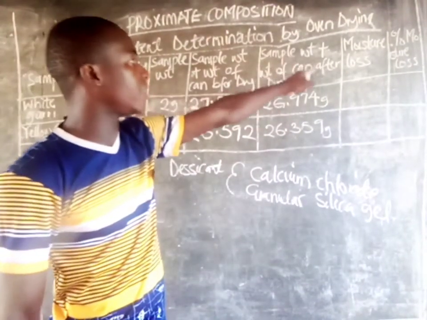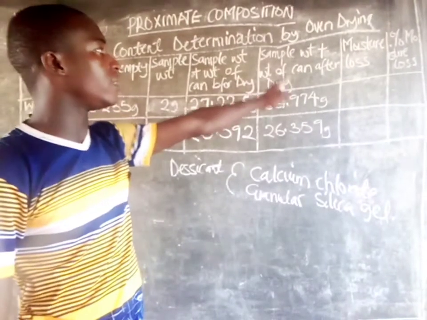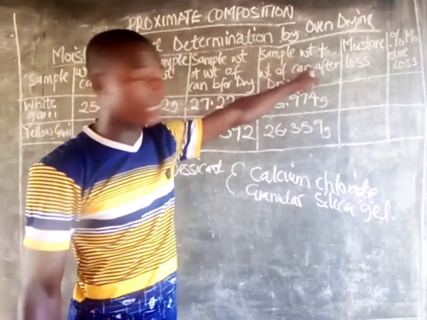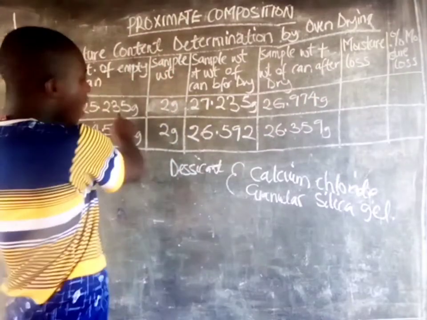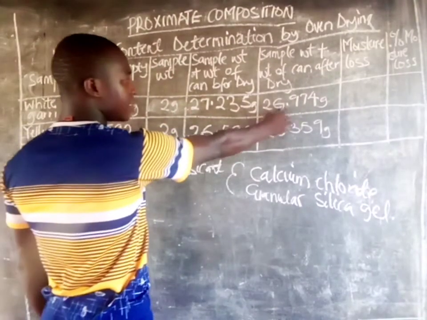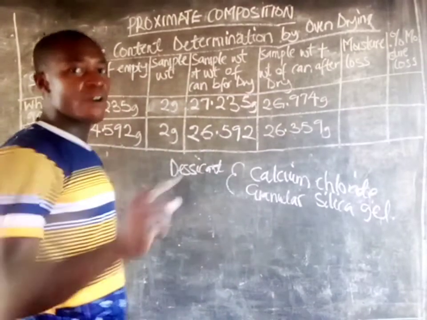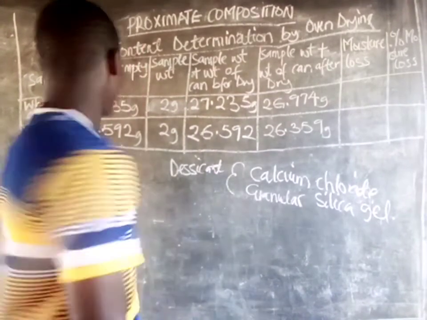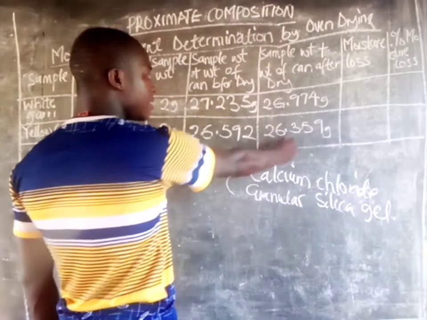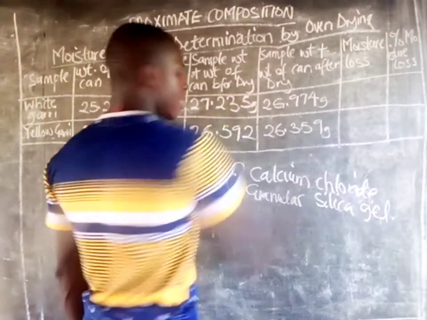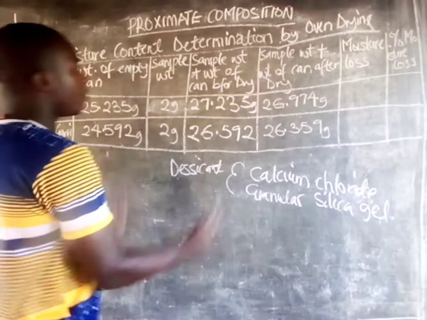Right. So the next thing was, after it was put in the oven and dried, the weight of the sample plus the weight of the can after drying for white Gari was 26.947 grams. For yellow Gari, after it was dried, we had 26.359. Now compare these figures.